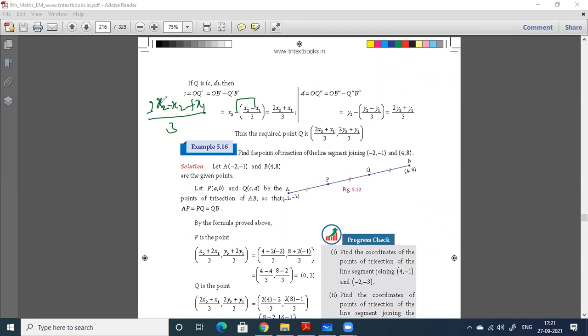So 3x2 minus x2 is equal to (2x2 plus x1) by 3. In the same way, y also becomes (2y2 plus y1) by 3.